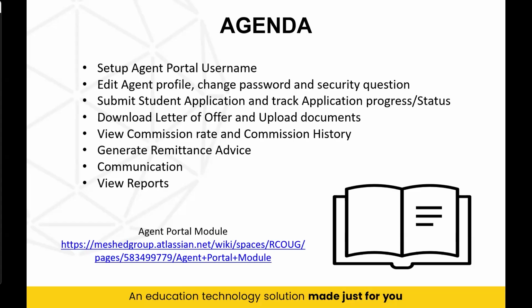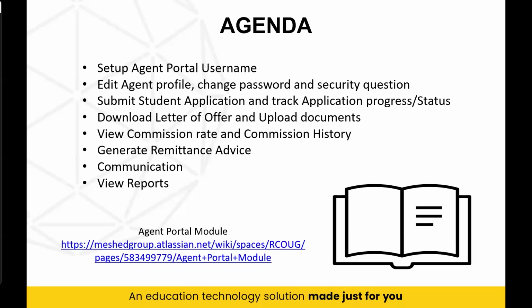We'll go through some details about the commission rate and how the commission history is visible for your agent, followed by the remittance advice that the agent will be able to download from their portal itself.